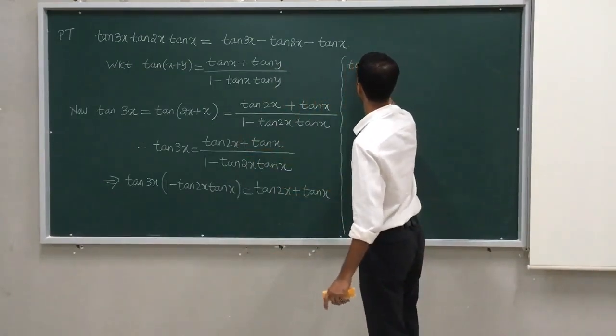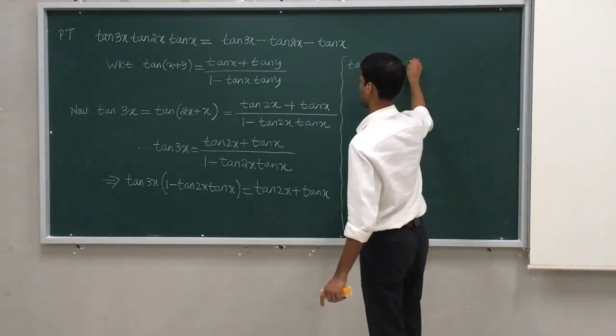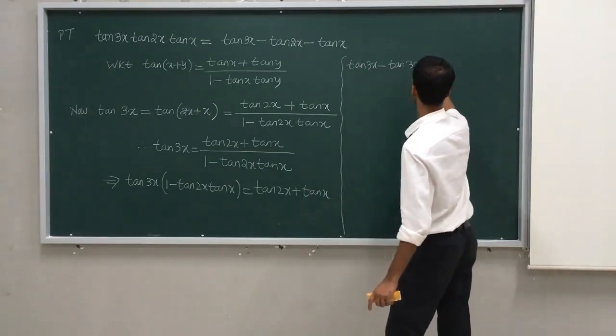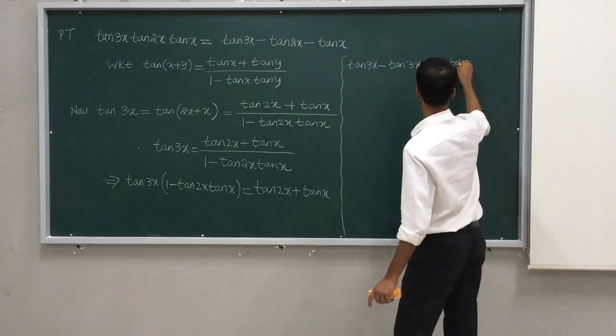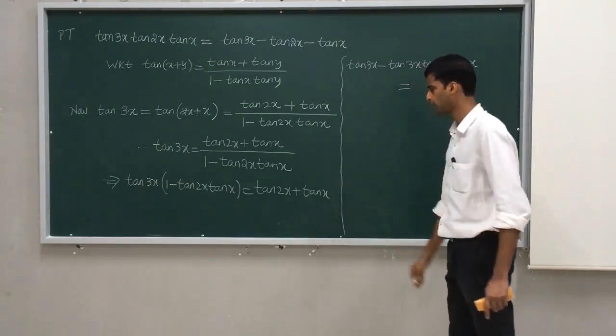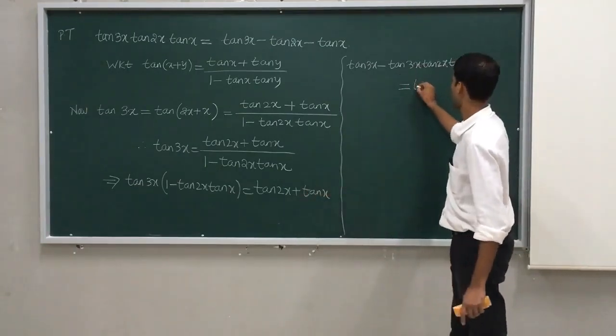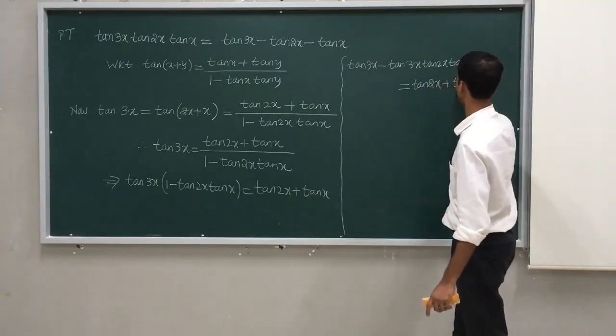So you get tan 3x minus tan 3x into tan 2x into tan x equal to tan 2x plus tan x.